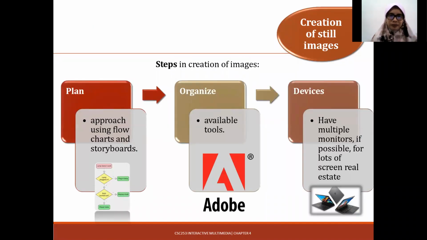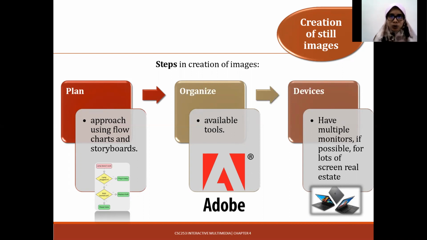So to start to create an image, you need to follow these steps. This is a basic step. First, you need to plan. You plan what you are going to do, what you are going to create, and then we use flowchart and storyboard. For example, you want to develop a multimedia product presentation.